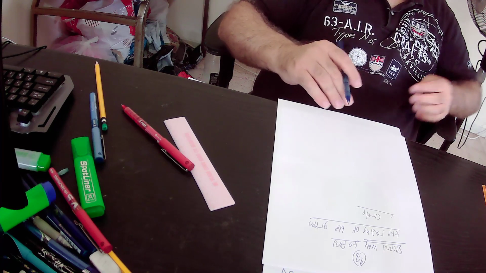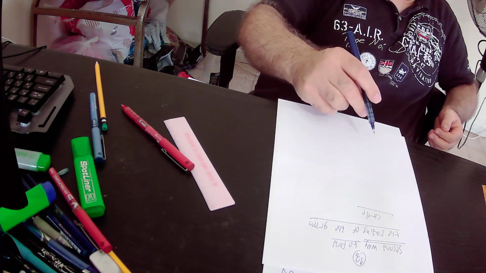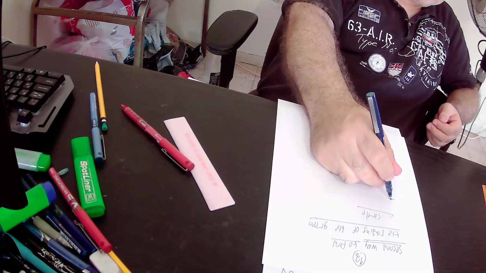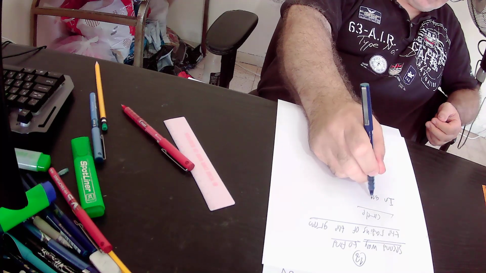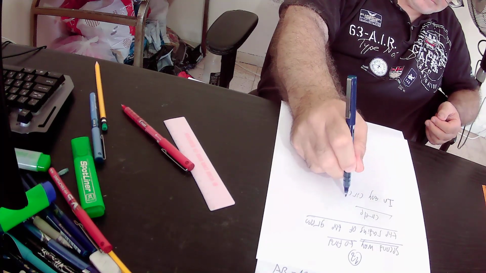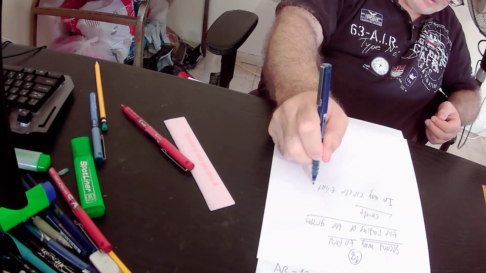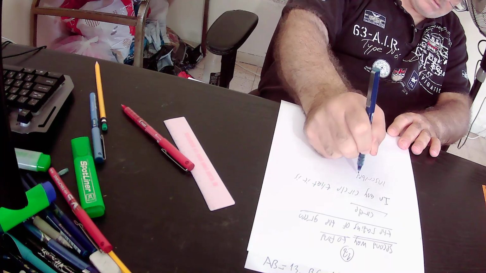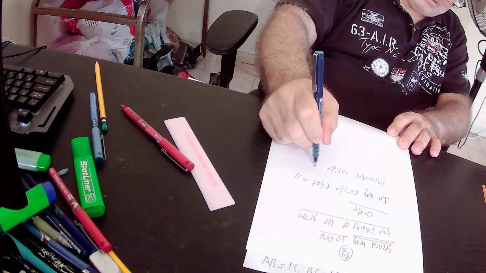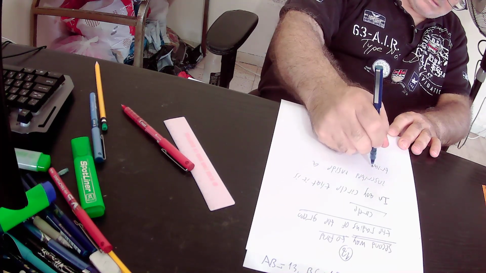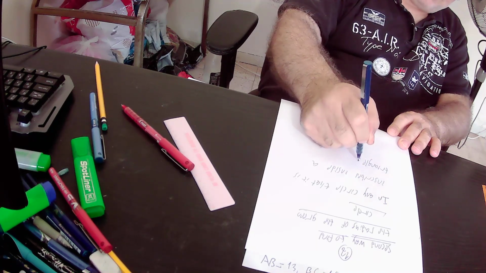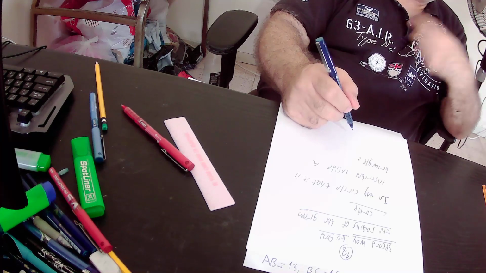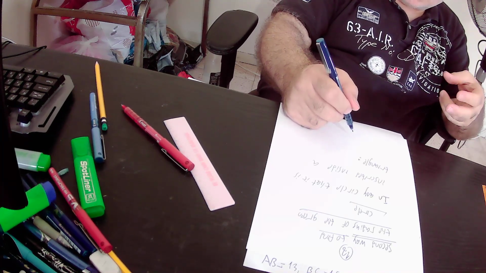Actually, in any circle that is inscribed inside a triangle, we can use the following formula to find out its radius.